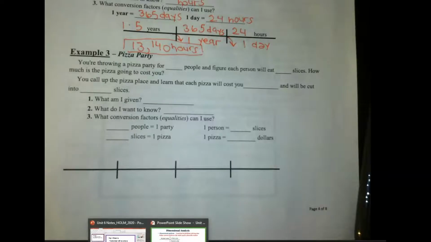Okay, so remember how I was telling you ones are not always on the bottom? This is a great example of how that is true. Okay, so let's say you are going to be throwing a pizza party, right? So you're throwing a pizza party.